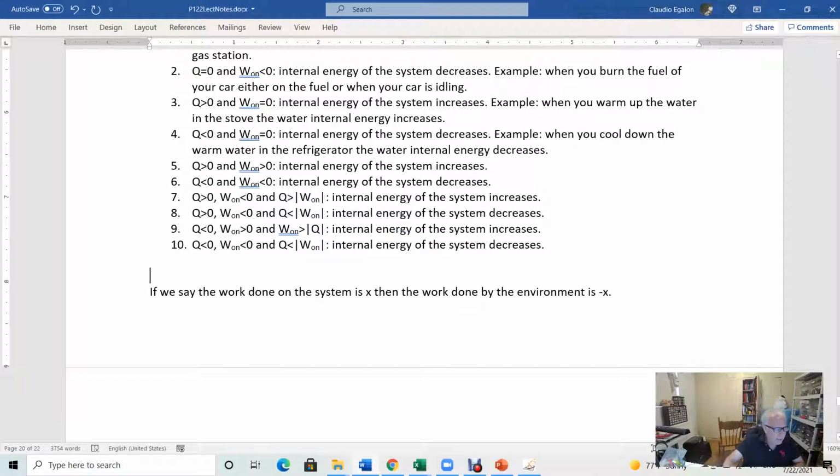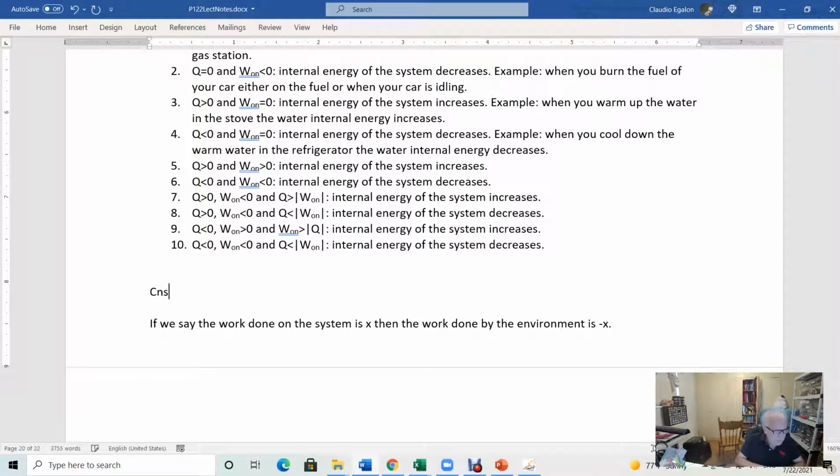Okay, so let's go back here. Consider now the case of a cylinder and a piston with a gas inside it.